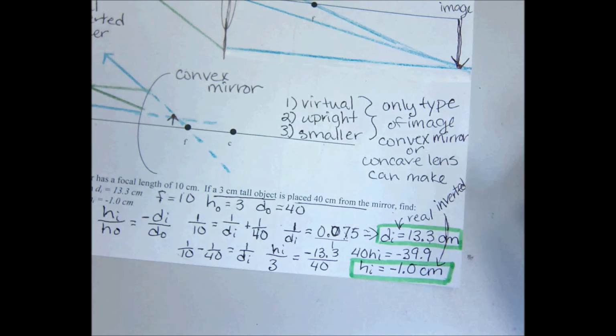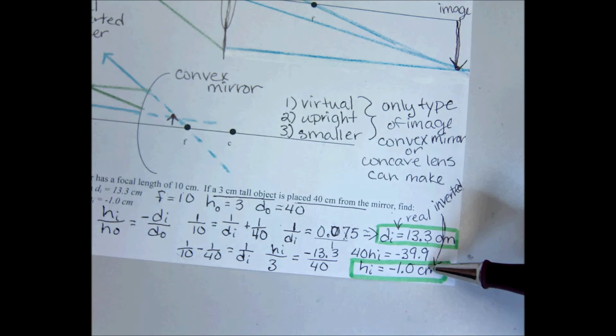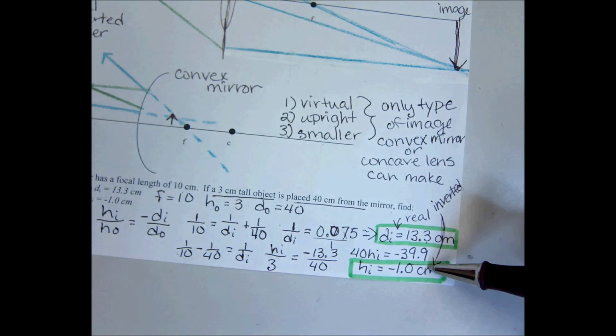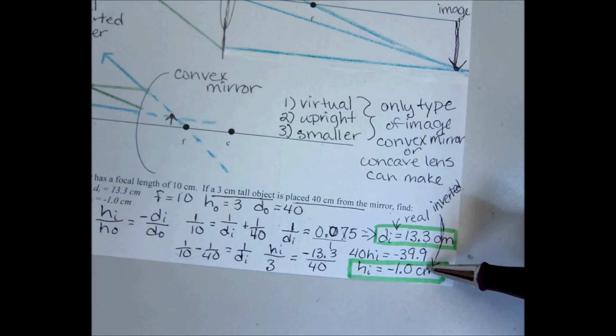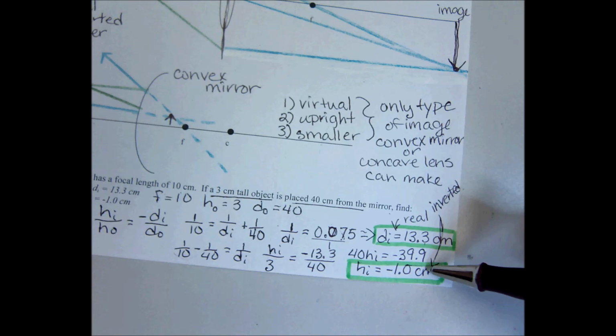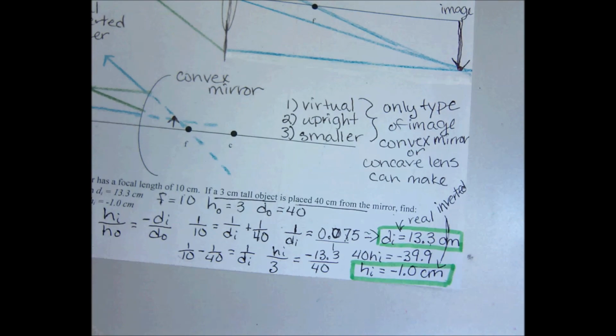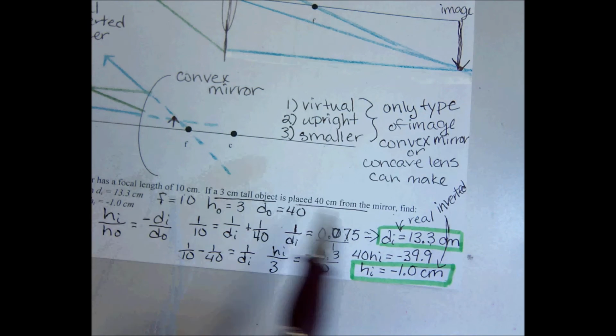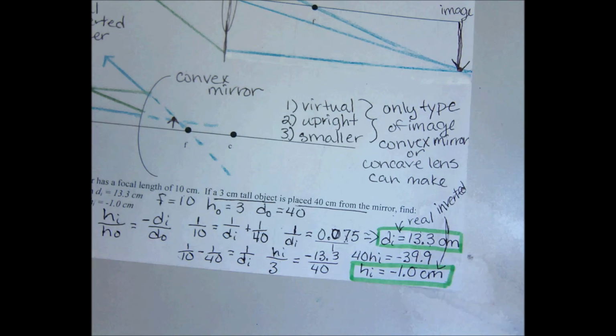Wow, that's some terrible writing. If you got a positive number for this, that would mean it would be upright. You're not going to have to write that on the performance final or anything, but it can help you be a little more confident in your answers, since we know that a concave mirror should create a real inverted image.